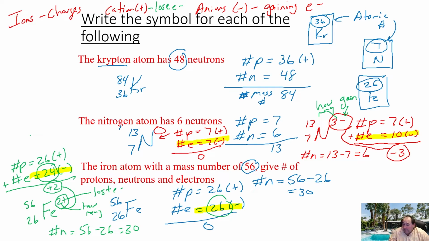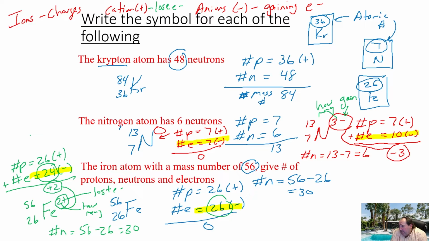So you could do kind of the same thing if you're not sure. You have a charge and you know the atomic number, which you should. If you know what element you're dealing with, you can just go to the periodic table. So for example, if you had iron with a plus 2, you go to the periodic table and see that the atomic number is 26, plus 2, plus means lost electrons, and take 2 off of it. And basically take 26 minus 2 is 24.